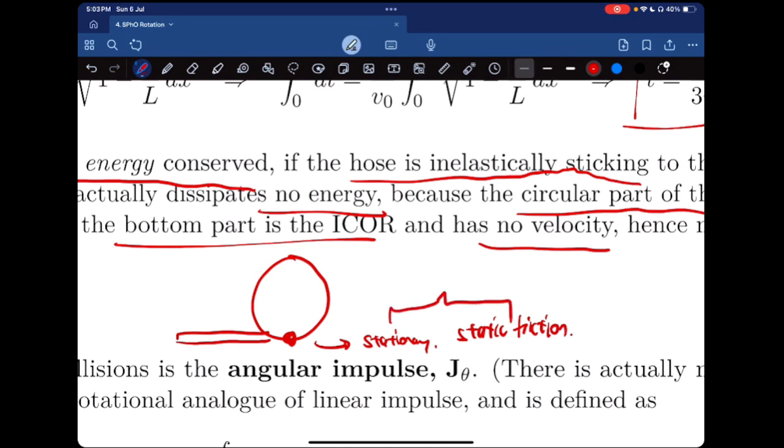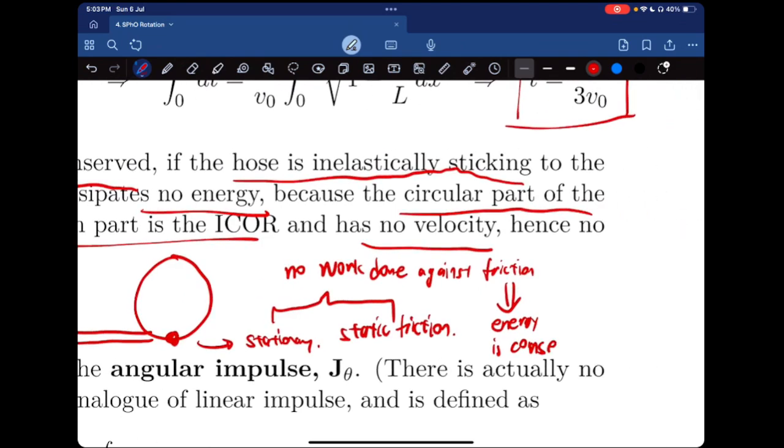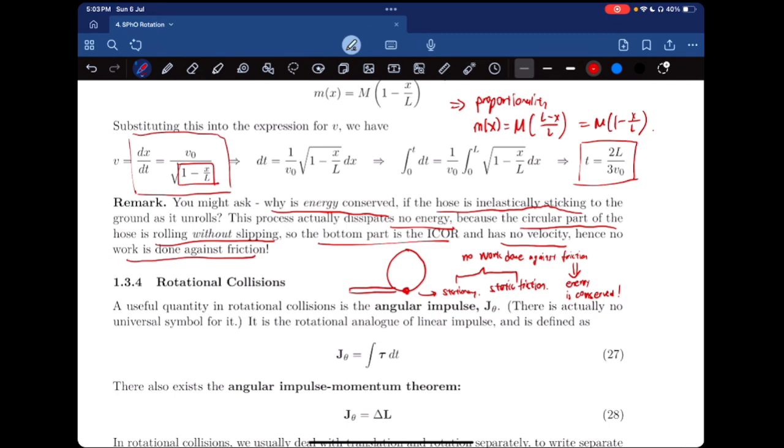And this combination will give you no work done against friction. And thus, energy is conserved. So that is why you can use energy for this problem, simply because you have a non-slip condition and that point is your I core.